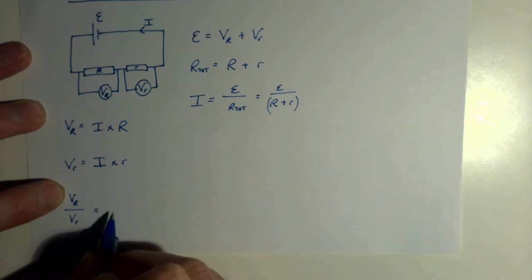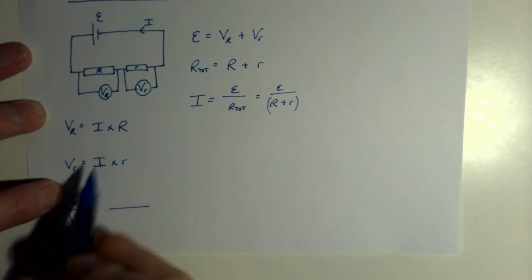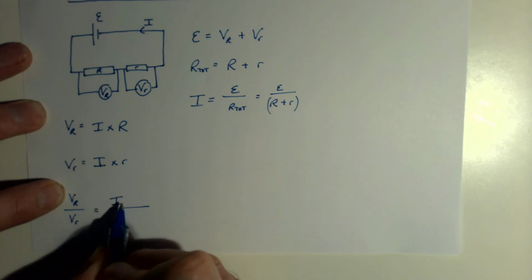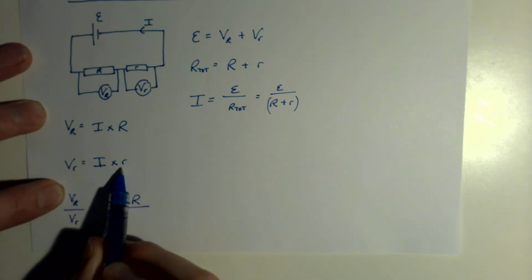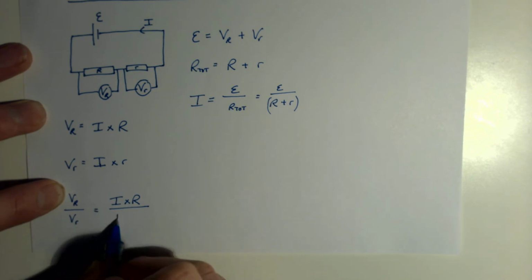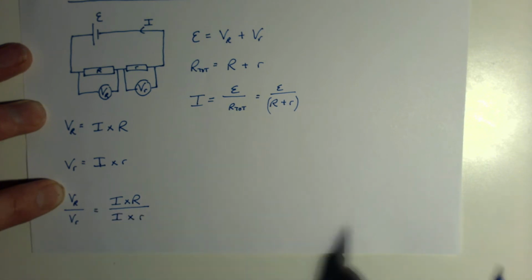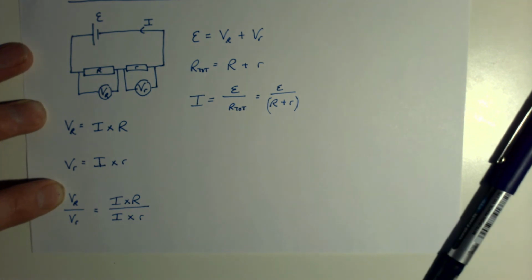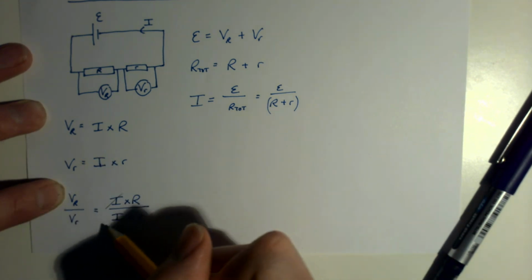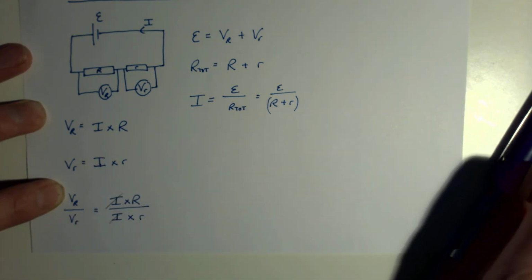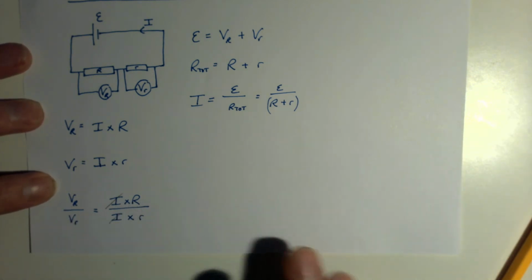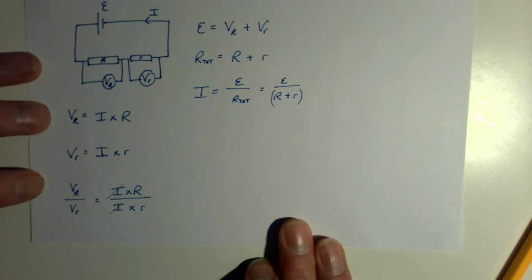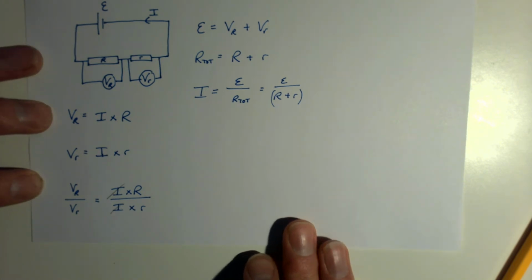Well, VR is on the top of the fraction, that's I times capital R. V little r is on the bottom of the fraction, that's I times little r. And you can see that the current cancels, and then what you end up with is the ratio of the potential differences is the same as the ratio of the resistances, which is exactly what we said in the potential dividers lesson.